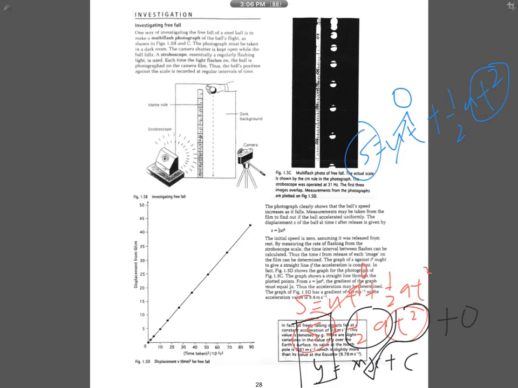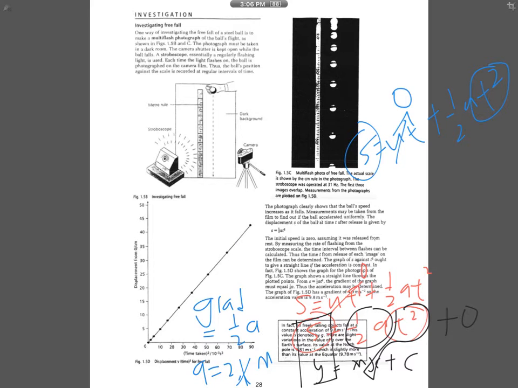After plotting the graph, you can draw the line, then you find the gradient. The gradient of the graph will be equal to half a. So it means your acceleration of free fall is 2 times the gradient of the graph. Do you understand that? 2 times the gradient of the graph.